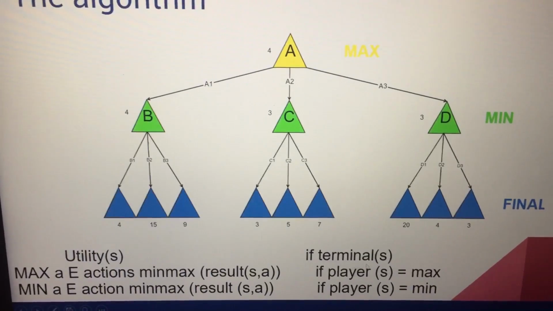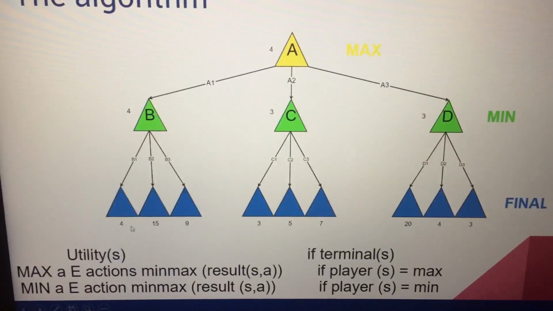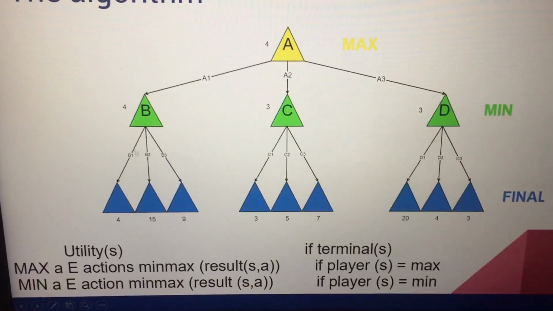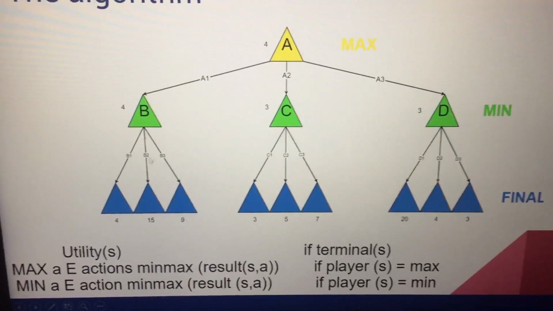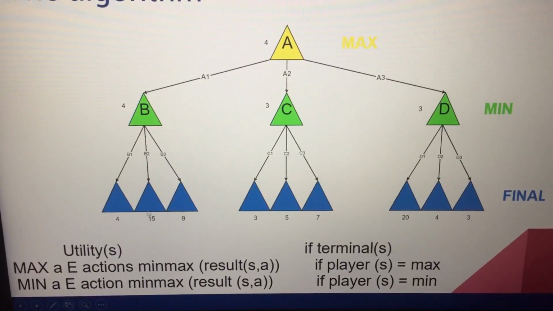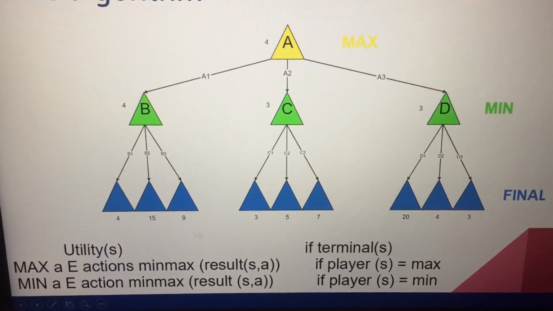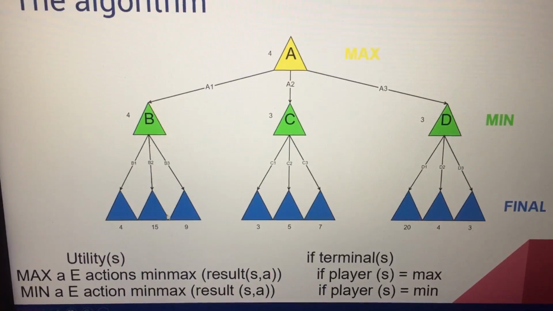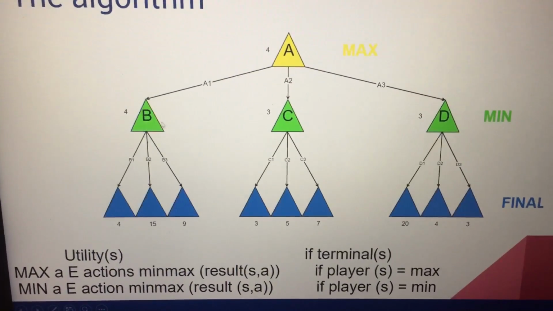I ask, is this a terminal move? Yes. I return the utility, which has the value of 4, and I store it in a buffer. Then I go here and ask, is this a terminal state? Yes. I return the utility value, which is 15 for this triangle.